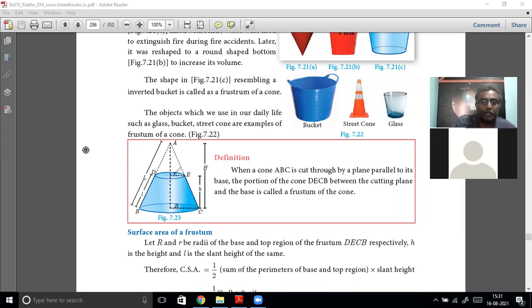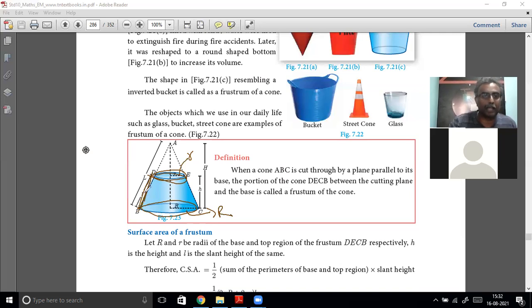This is the first circle, with radius small r. Then you will get the base circle, which is already there, with radius big R. Now one more thing: you now have a slant height.